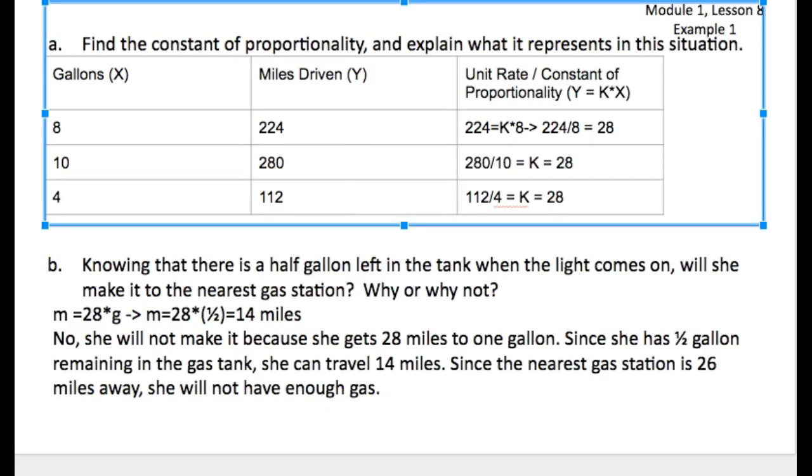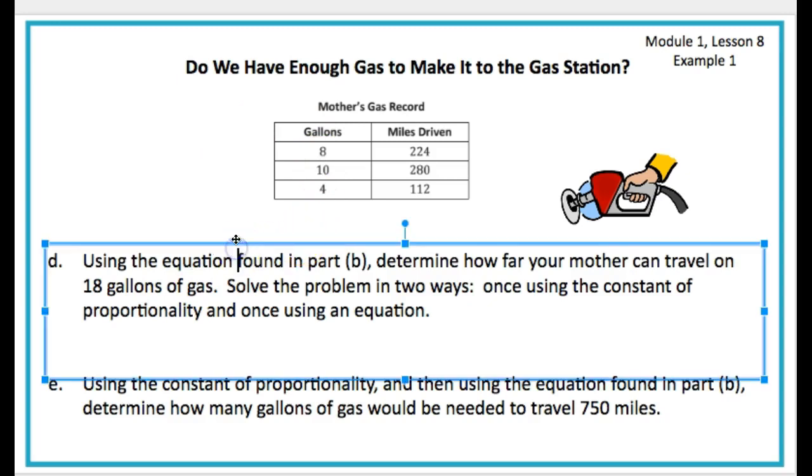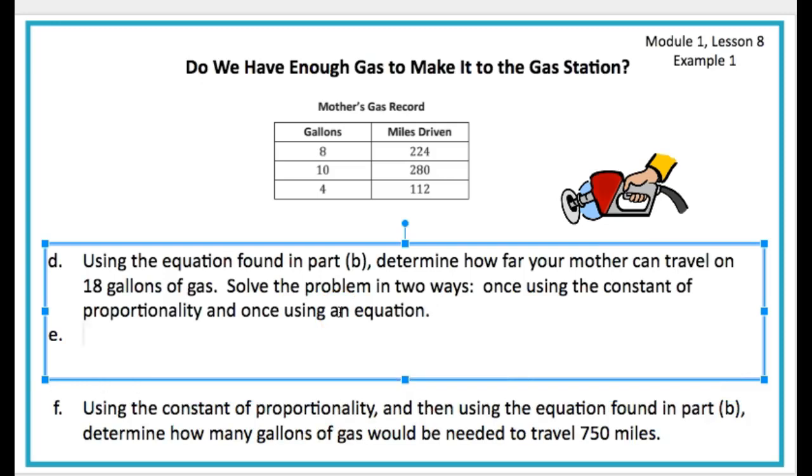Okay, let's look at part D. Now, using our equation found in part B, determine how far your mother can travel on 18 gallons of gas. Solve the problem in 2 ways, once using the constant of proportionality and once using an equation. So, if we took a look at this, y equals k times x.